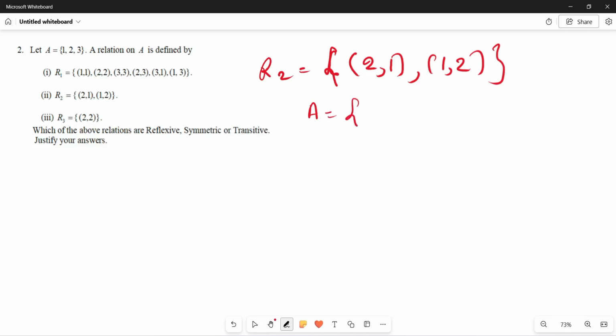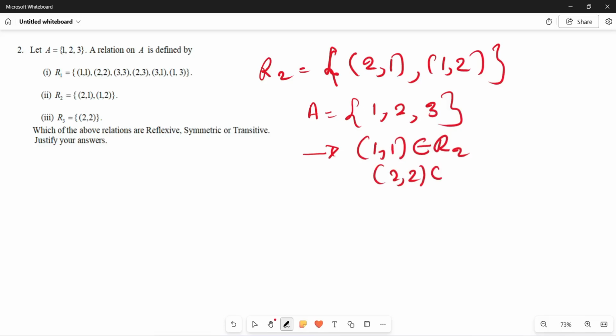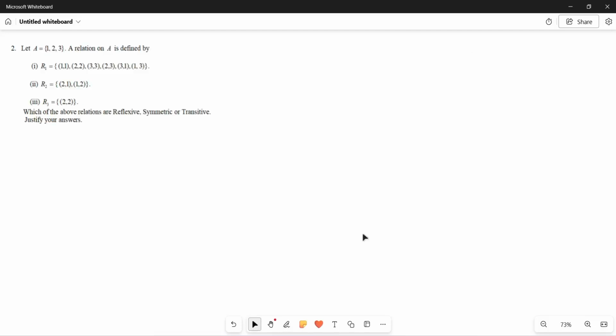Since the set is 1 2 3, you want to have all these three elements in order to have reflexive. 1 comma 1 should belong to R2, 2 comma 2 also should belong to R2, and 3 comma 3 also should belong to R2. But here 1 comma 1 is not available, 2 comma 2 also not available, 3 comma 3 also not available, therefore it is not reflexive.